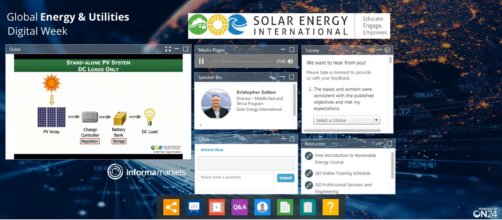So the PV array is our source of generation, the charge controller is our regulating device, the battery bank is our energy storage, and then we have a DC load. In the daytime, the battery bank will charge up and hopefully get to full if it's all sized right. And then when the sun sets, we'll drain the battery down based on whatever load we're running.